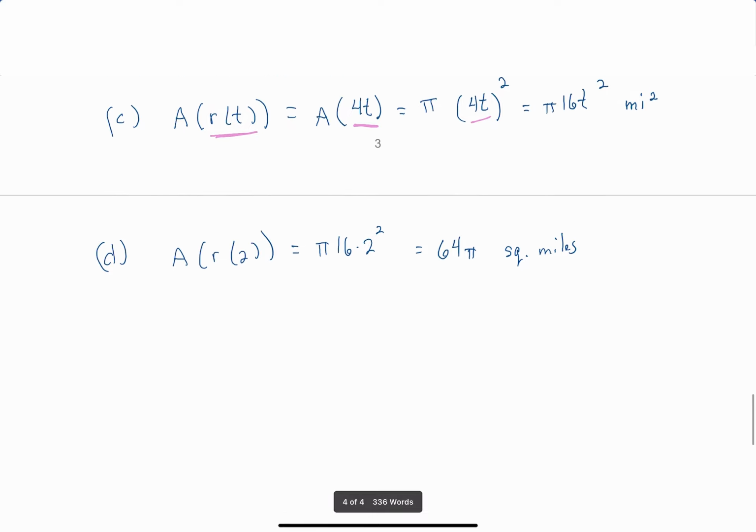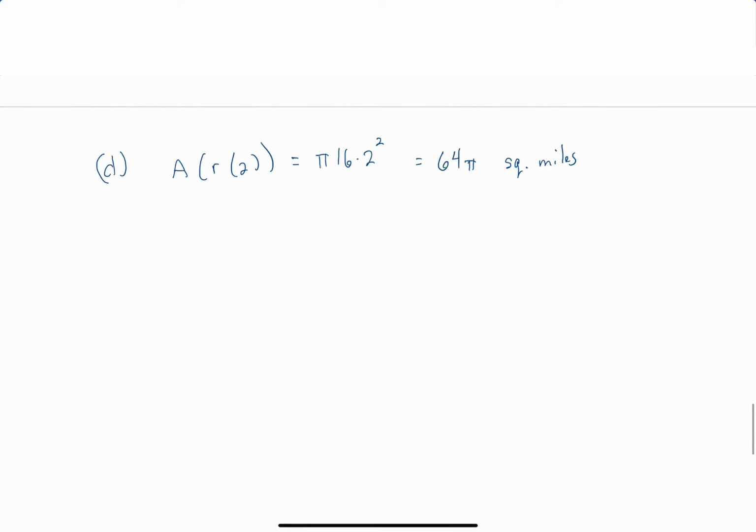So let's kind of get a picture of what we've done here so far. We have a function, the radius function, that takes in a number of days, and out comes the radius depending on the number of days, which we said was, what did we say, 4t.